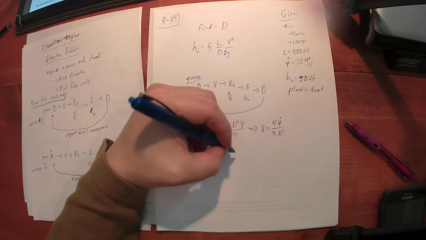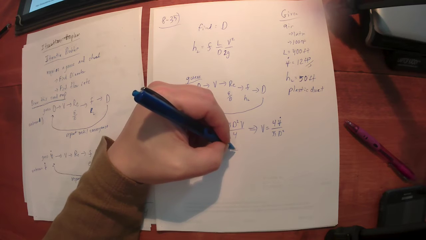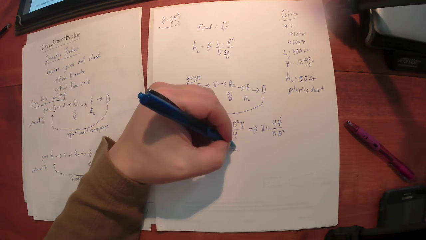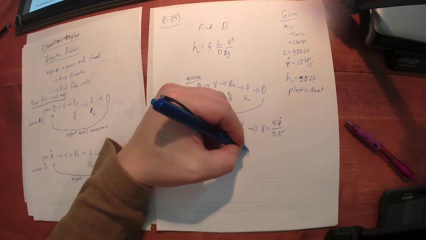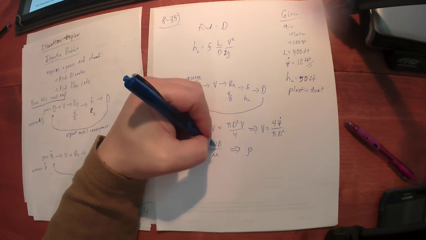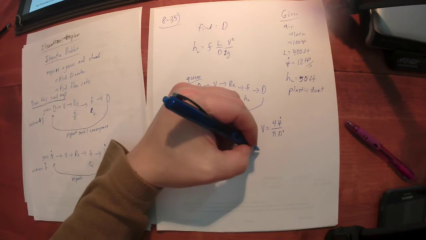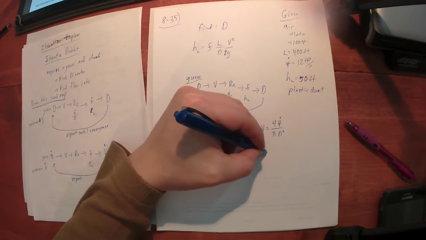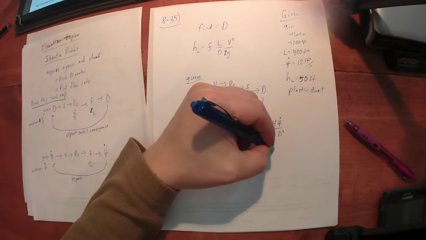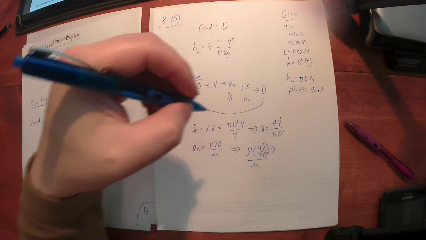If I plug that in here, the Reynolds number, if I solve around the speed, because I don't know the speed, is density times 4 V dot divided by pi d squared, times d divided by mu.